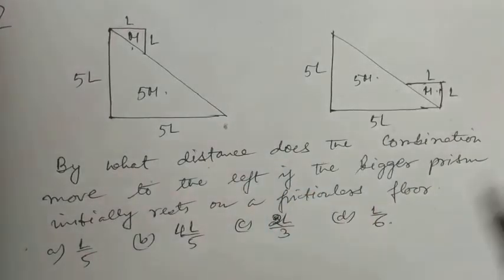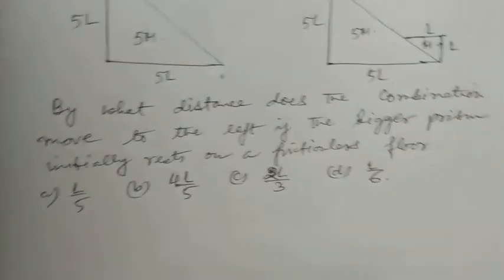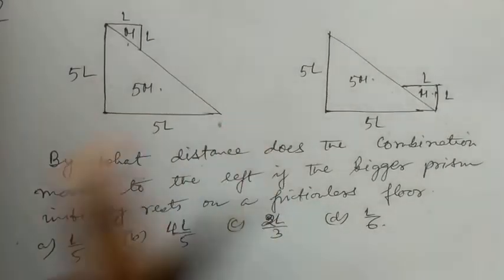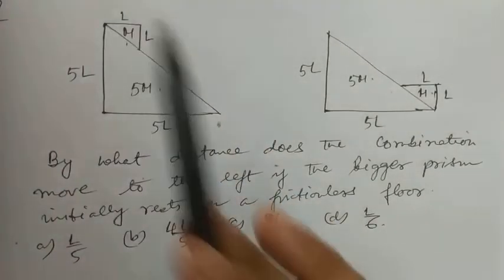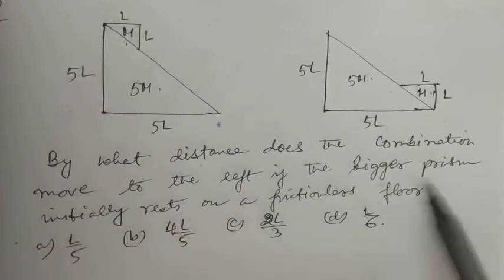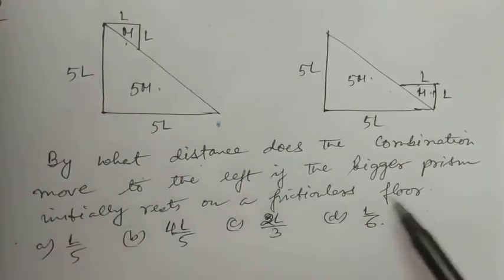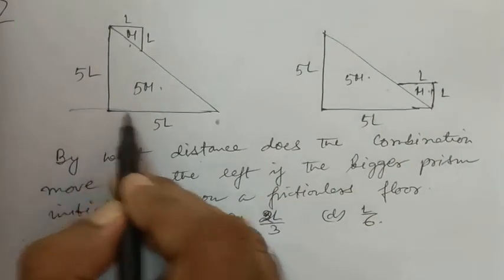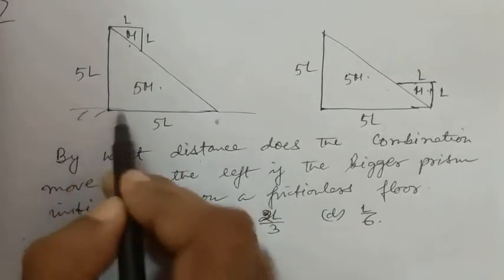Now the question that has been asked is, by what distance does the combination move to the left? Combination means combination of 5m and m move to the left if the bigger prism initially rests on the frictionless floor.